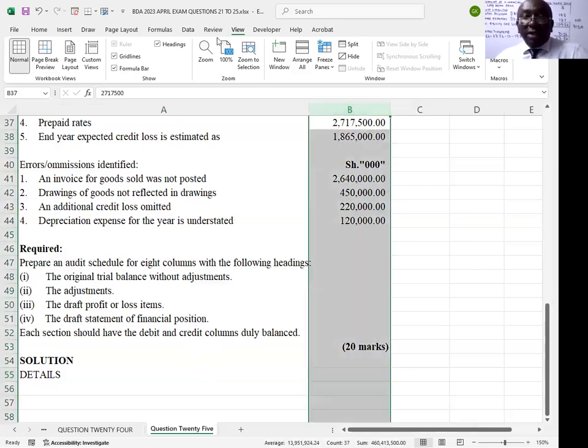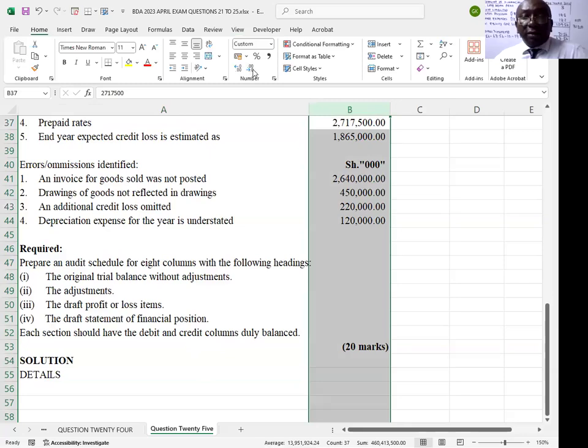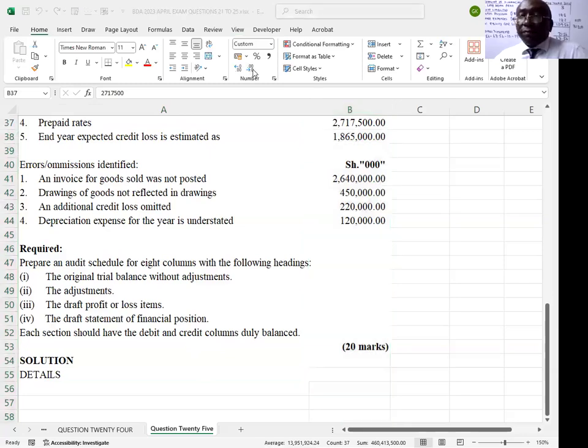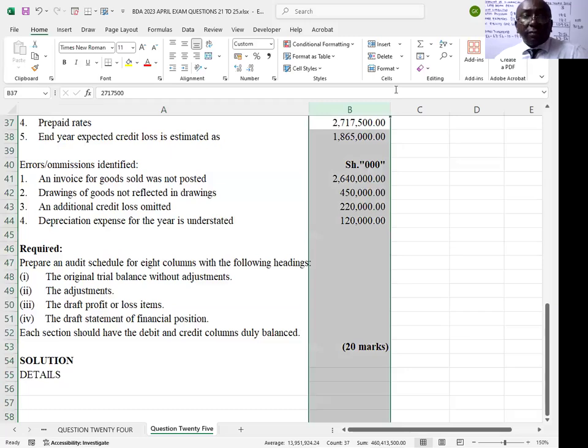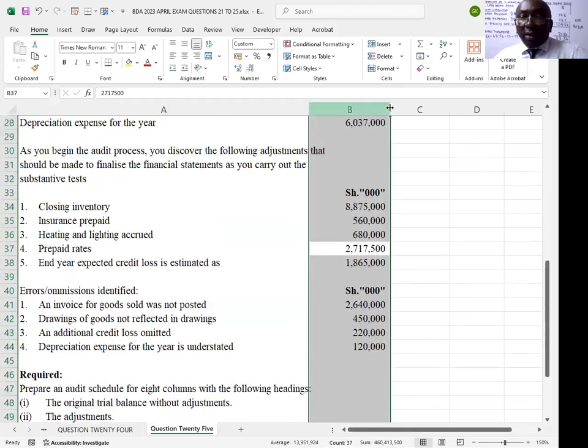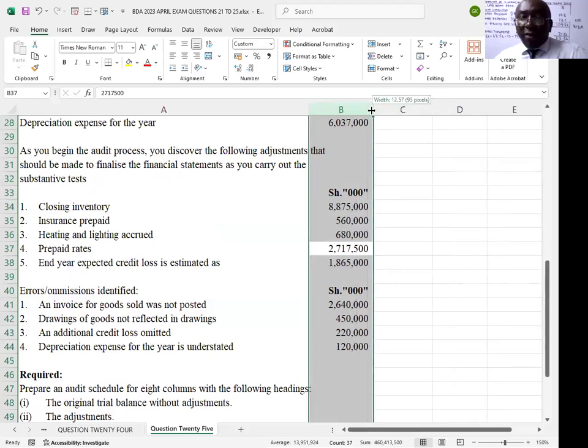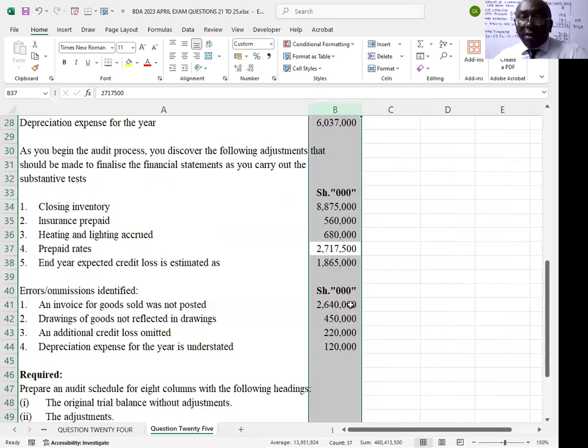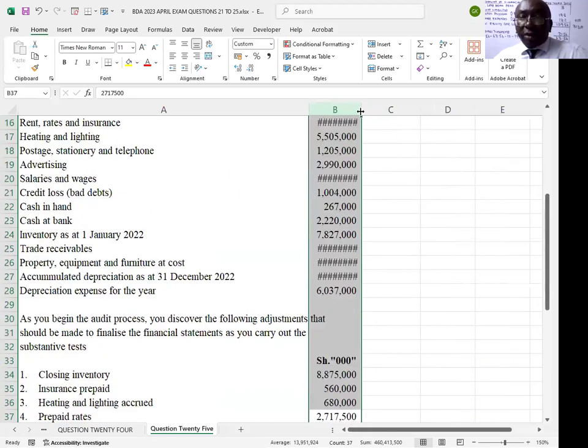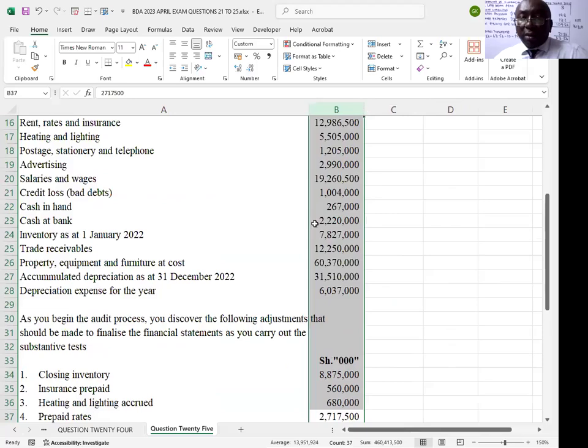For this column, I remove the decimals, then I can reduce the width.